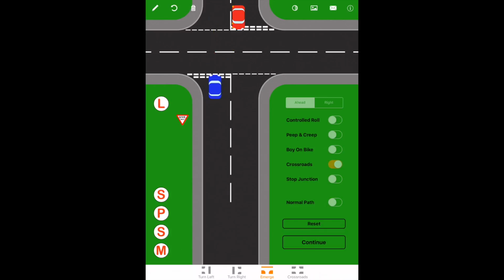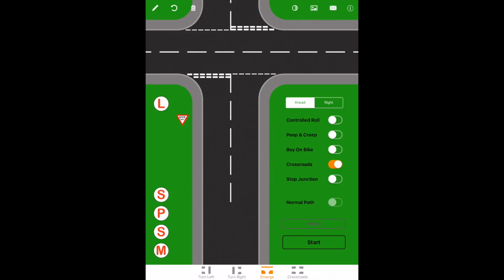And how it would do that, it wouldn't creep forward. The driver would probably sit there looking at you in the blue car, and if it was clear from both sides, you'd continue, and then the red car decides to go after. And that's how you deal with it if there's no space to turn together.